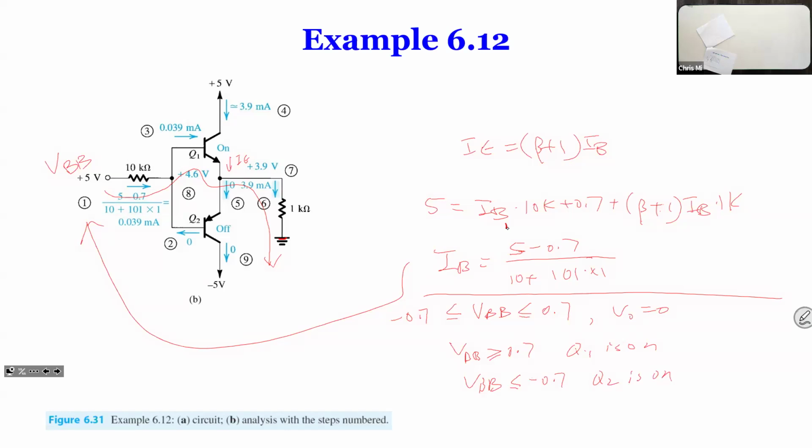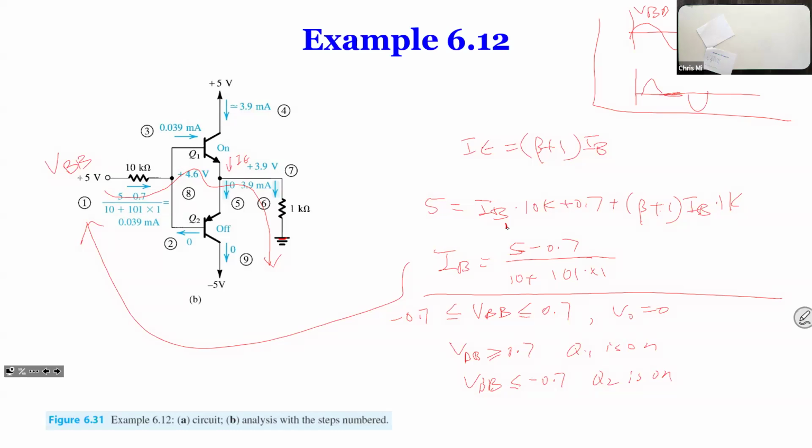So this is a typical power amplifier. What happens if you have an input VBB that comes like this, and at the output, what do you get? You get something like this.